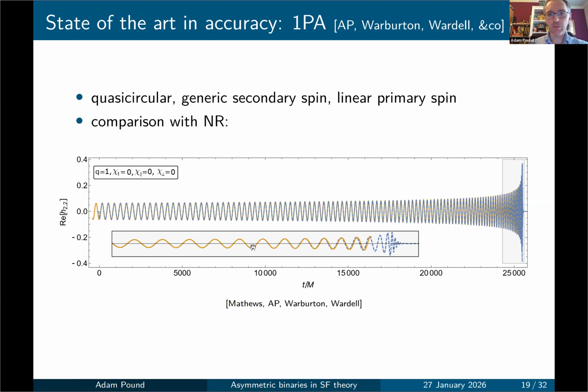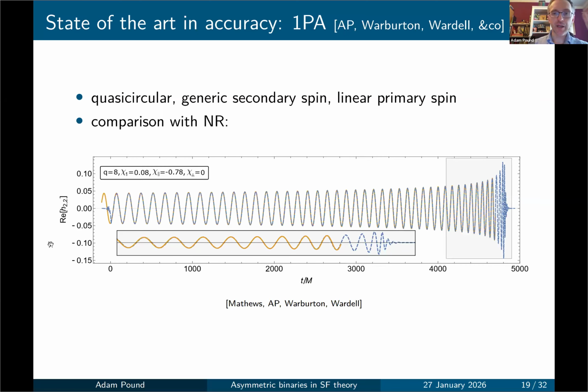In orange is our 1PA model. Even for equal mass, the model is quite good, especially at relatively early times. It does dephase at the end, and the dephasing here is significant enough that you wouldn't want to use this for data analysis. But this is the most extreme case, where our model will be least accurate. And we know how our error scales. It scales linearly with the small mass ratio, so we can extrapolate to how accurate it will be for other systems.